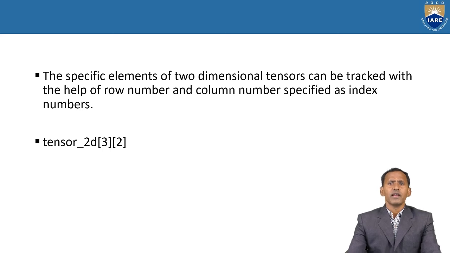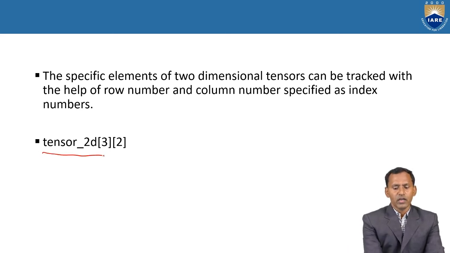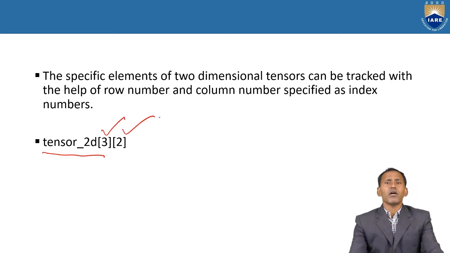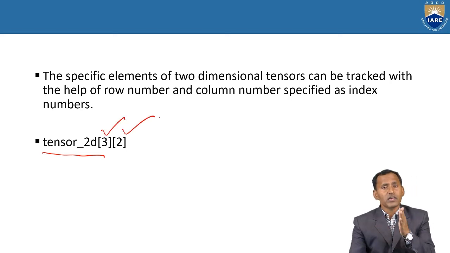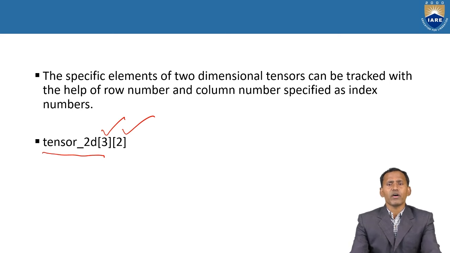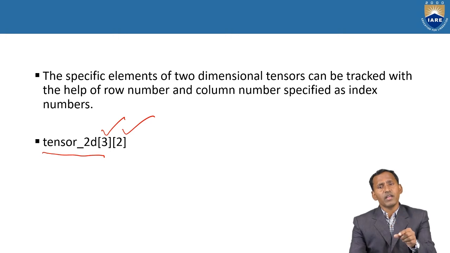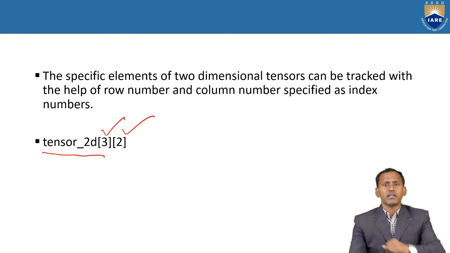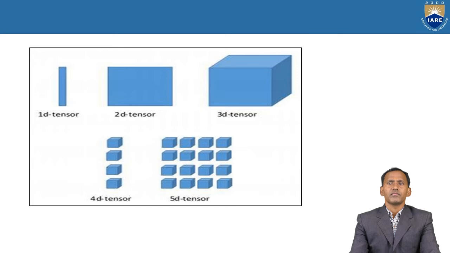For example, here, tensor 2D, 3, 2 means what? 3 means the third one-dimensional tensor, and 2 is the second element of the third one-dimensional tensor. So these are the various dimensions in the tensor data structure.